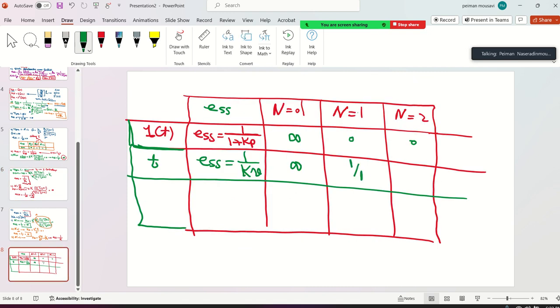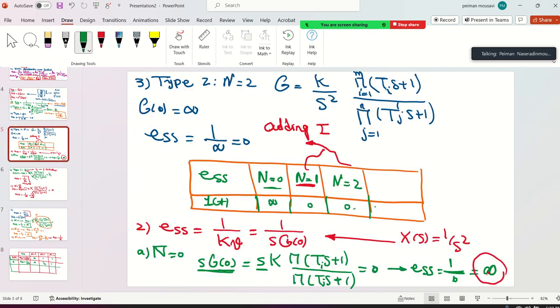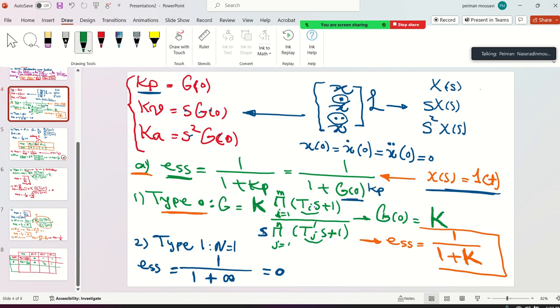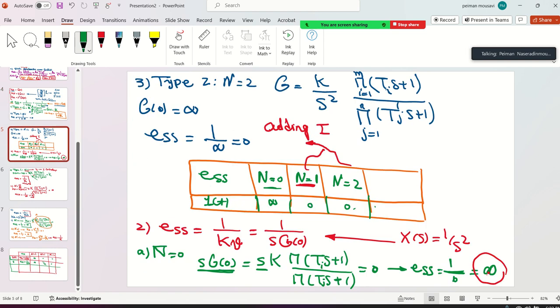Guys, is this right? Oh, yes, this is 1 over 1 plus K. Why did I write this wrong here? I see that something is wrong. I remember it from previous years, 1 plus K. We derived it together.